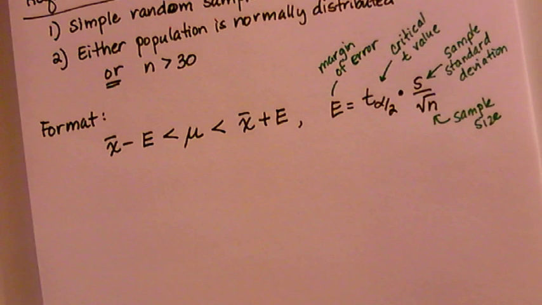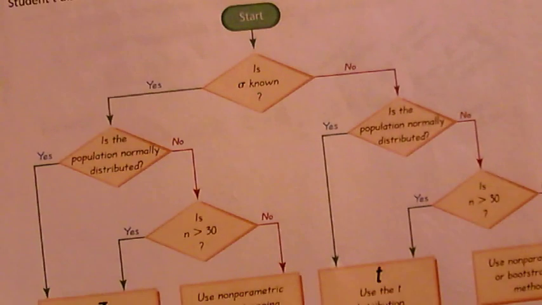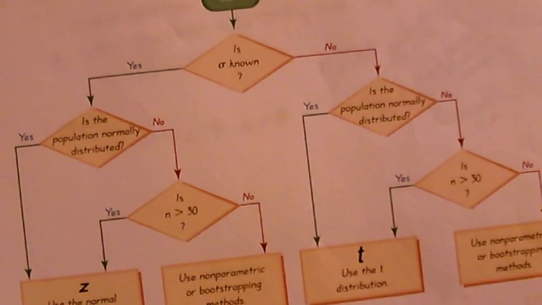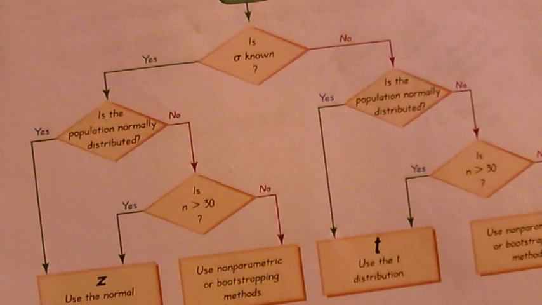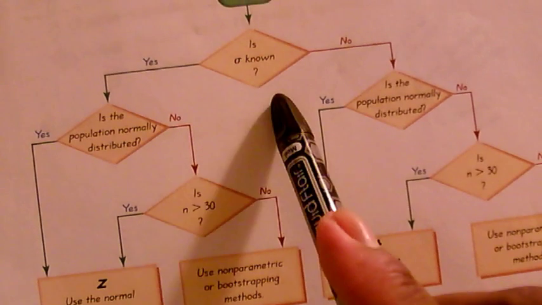Okay, now let's look at some examples of just this. Before we do, let me talk about this right here, because the first three examples are going to be dealing with this particular chart. You want to find out if sigma is known.